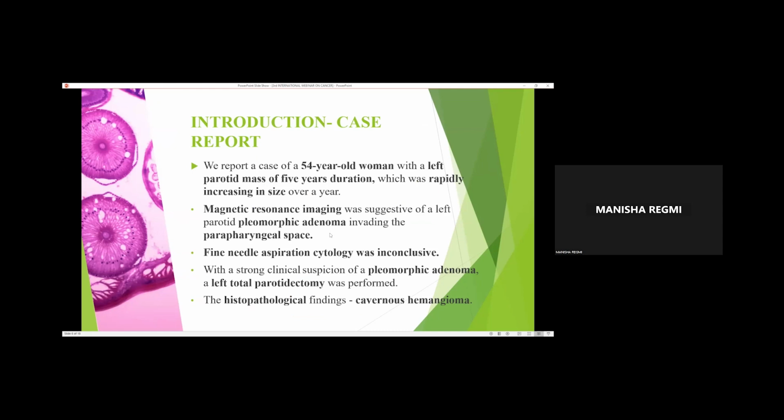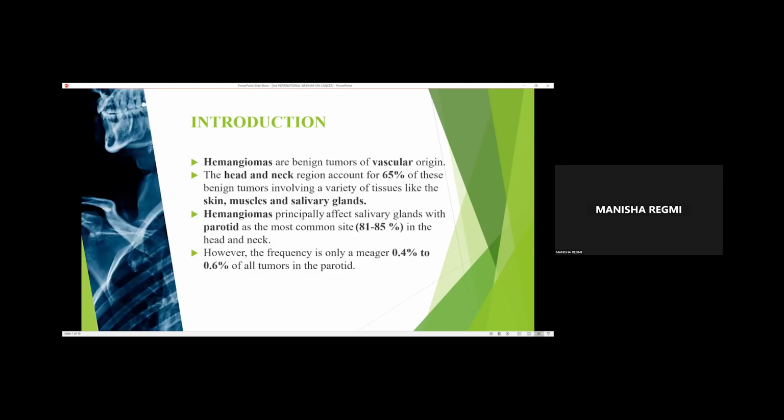Pleomorphic adenoma is a benign tumor of the parotid. Fine needle aspiration cytology was inconclusive, and with a strong clinical suspicion of a pleomorphic adenoma, a left total parotidectomy was performed, that is the left parotid was removed. The histopathological finding was, however, surprisingly, a cavernous hemangioma.